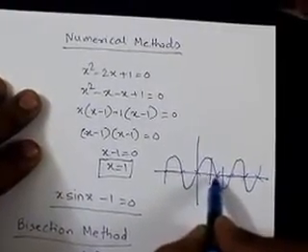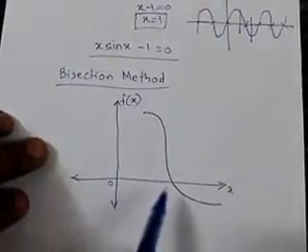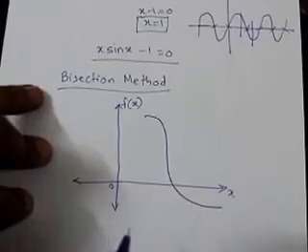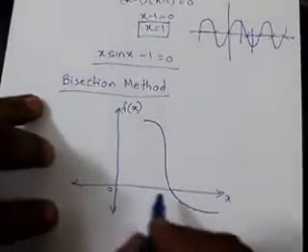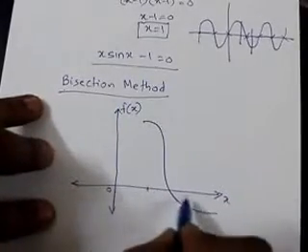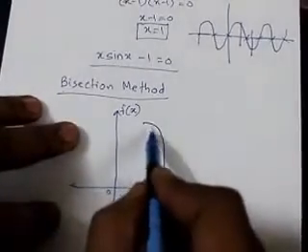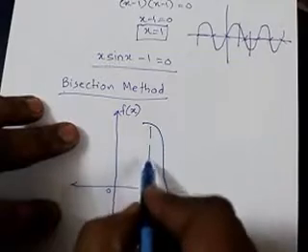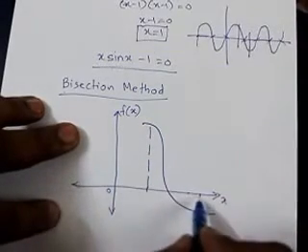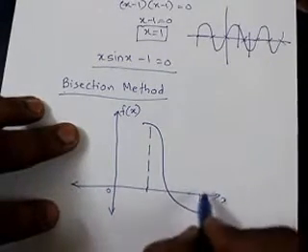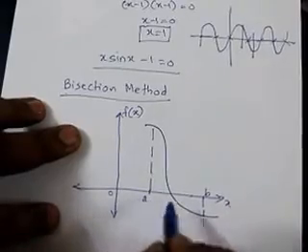Okay, so basically what the bisection method does is it finds a solution within a bracket, right? Suppose we take two values of x, say a and b. This is b, this is a.